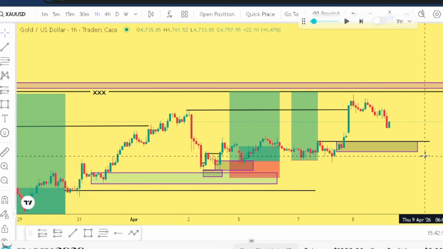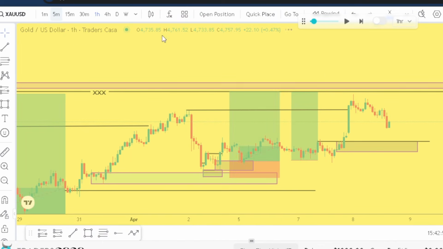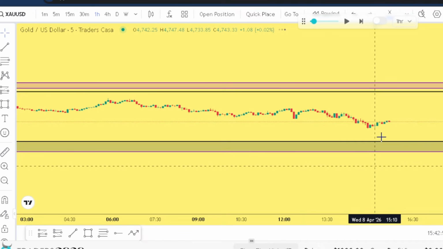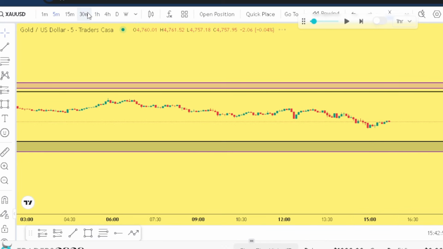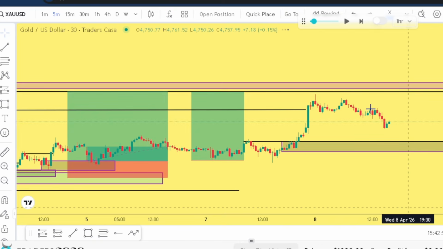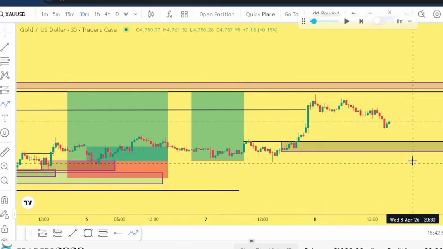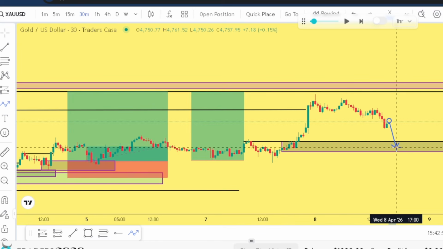If price comes into this particular zone, we move back to the 5 minutes. All I need price to do on this level, if at all price comes into this zone, this demand, I want to see a change of character, and then we continue to target the buy side liquidity, okay?